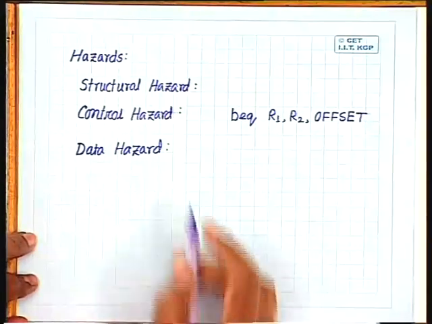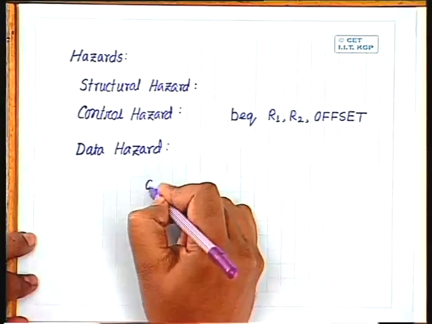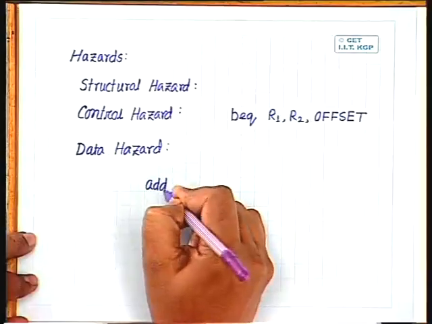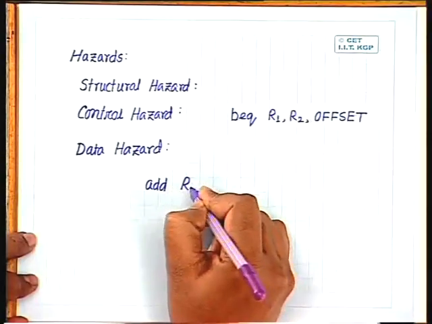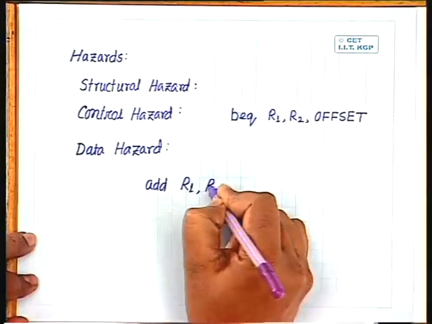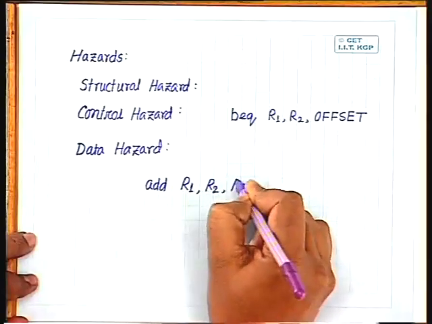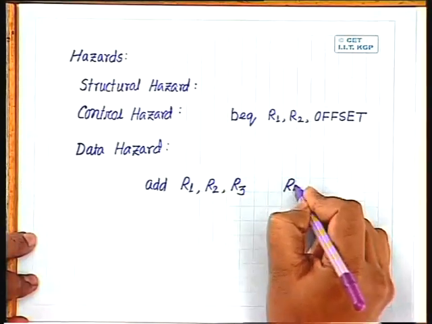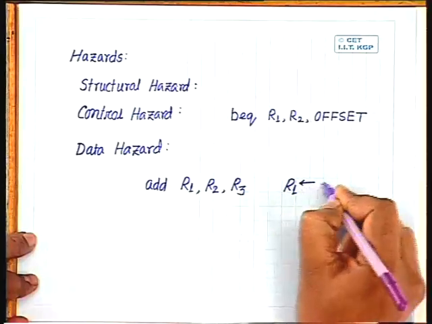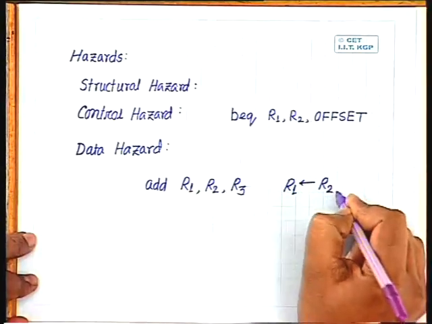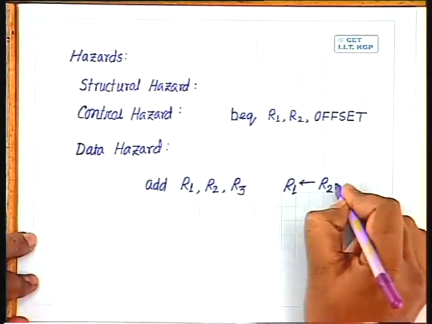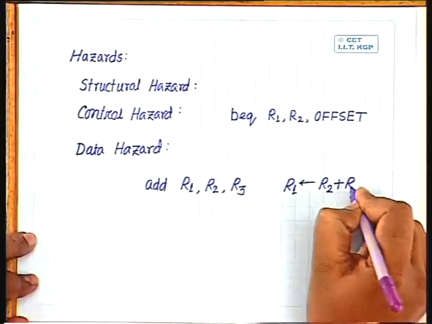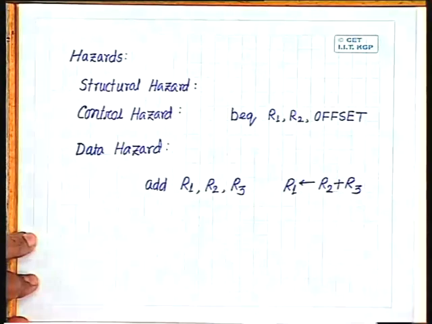Suppose I have a sequence of instructions like this: add R1, R2, R3, and we have said that this operation performs addition of R2 and R3, and the result goes to R1.